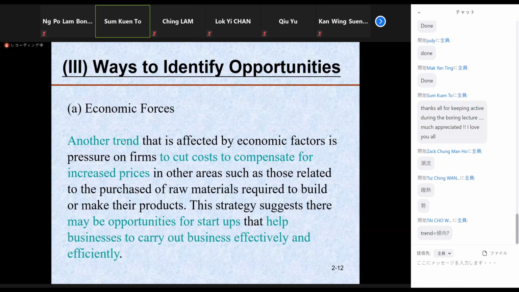another trend, talking about just an example again, all right? During Christmas time, a lot of the commercial buildings may have a lot of lighting decoration.